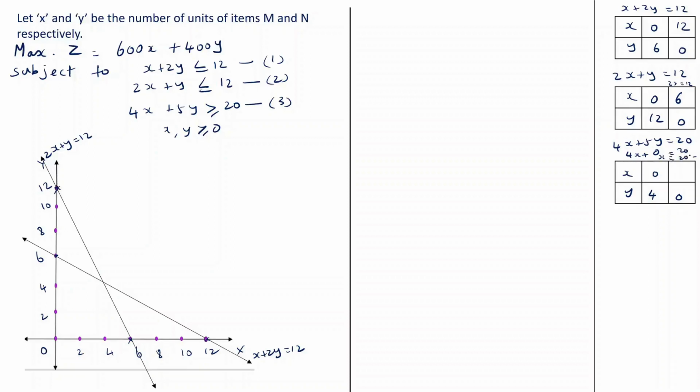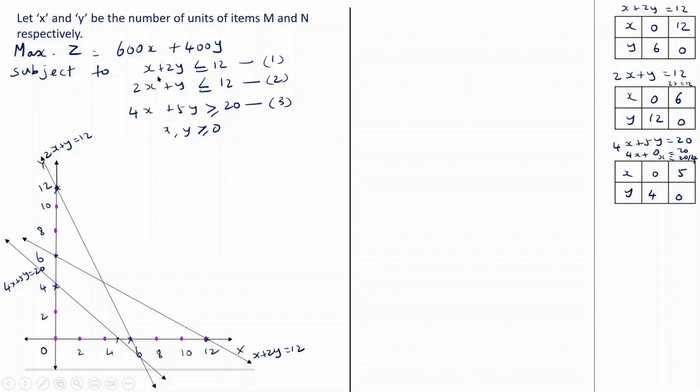So x is equal to 20 by 4, which is 5. So the points are 0, 4 and 5, 0. So this is 0, 4 and 5, 0 is somewhere here. Let us draw a line joining these 2 points to get 4x plus 5y equal to 20.